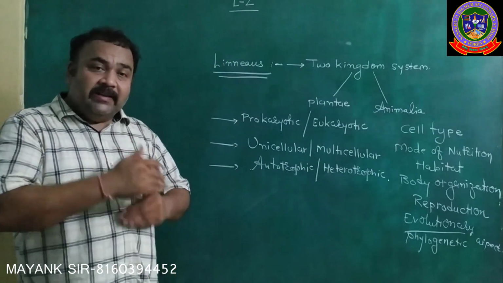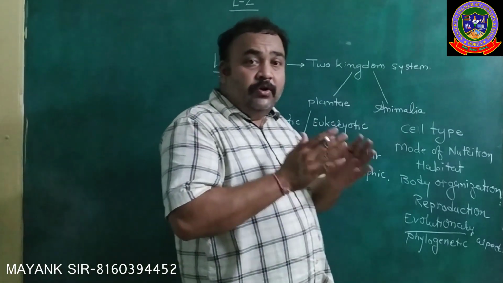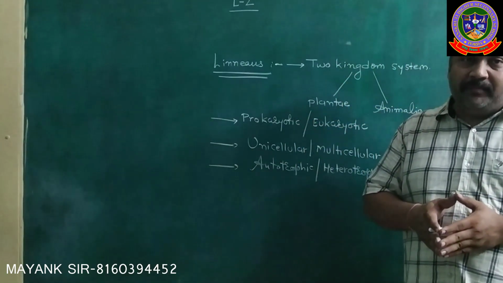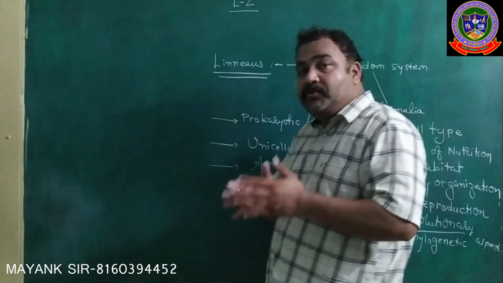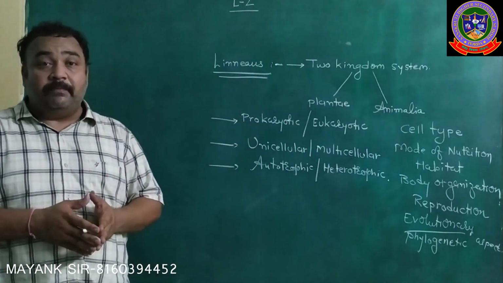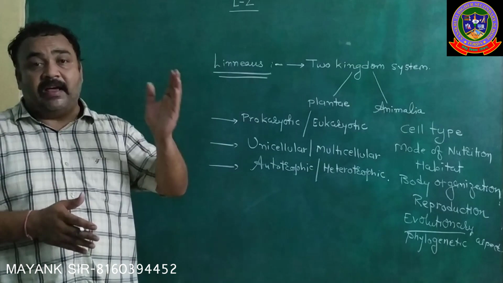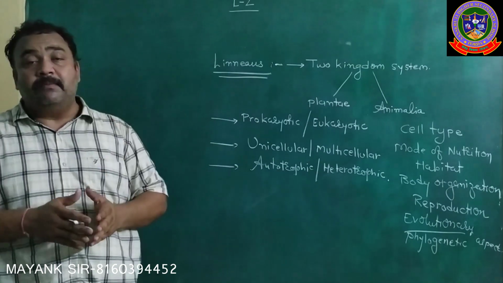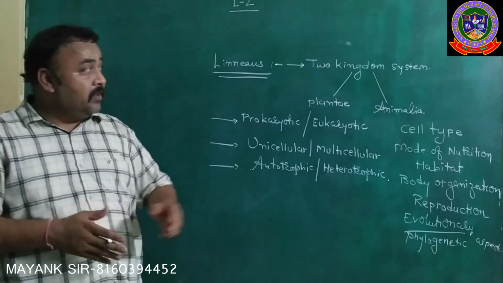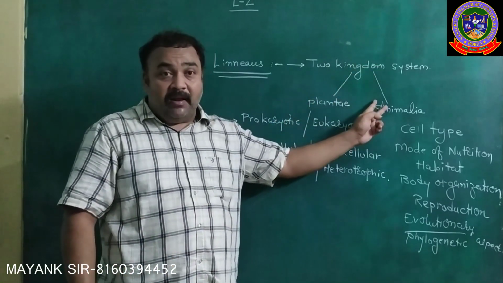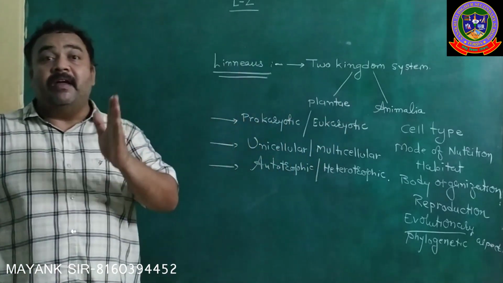So, as time progressed, new and new classification systems were established. New inventions were made. New classification systems were proposed from time to time by different scientists. But the common thing among them was that kingdom Plantae and kingdom Animalia remained the same.